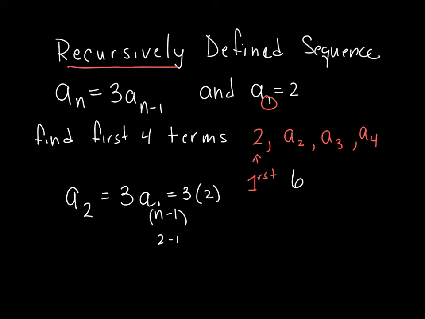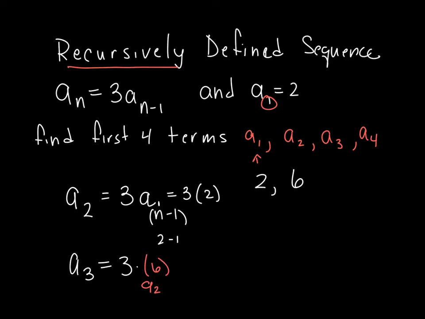And I'm going to go ahead and erase this, because I want to make sure you see that the first term is A1. The second term is A2, which is equal to 6. To find A3 then, I need 3 times the previous term, which is A2, which in this case is 6.